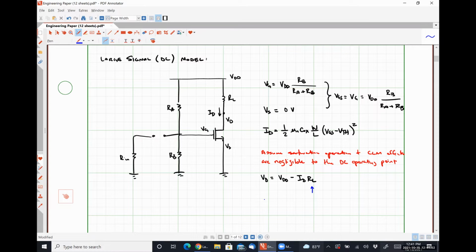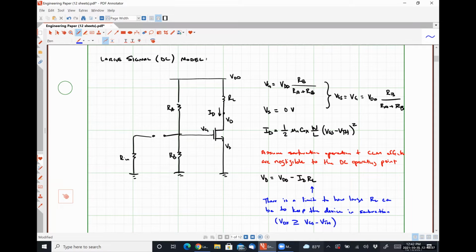So there is a limit to how large RL can be to keep the device in saturation, right? Where VDS is greater than or equal to VGS minus VTH, which is our saturation condition, okay?